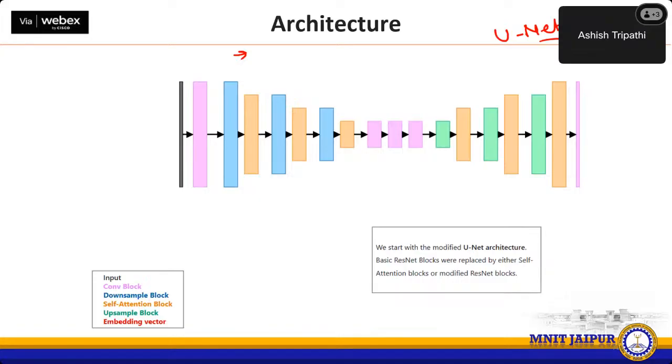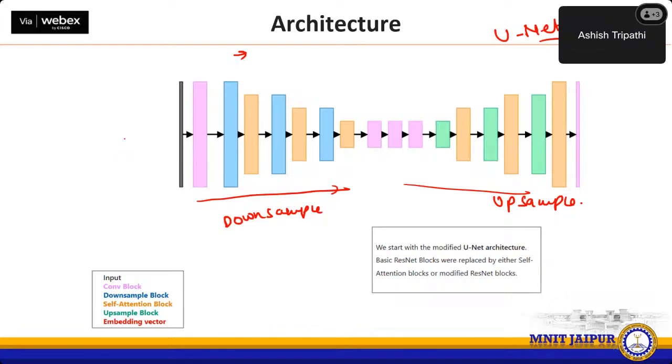This UNet kind of architecture works in two phases: one is the downsampling phase and one is the upsampling phase.